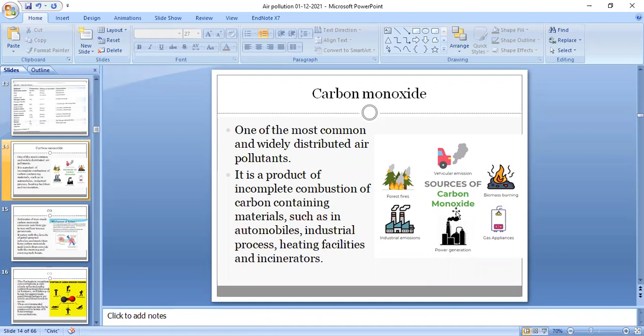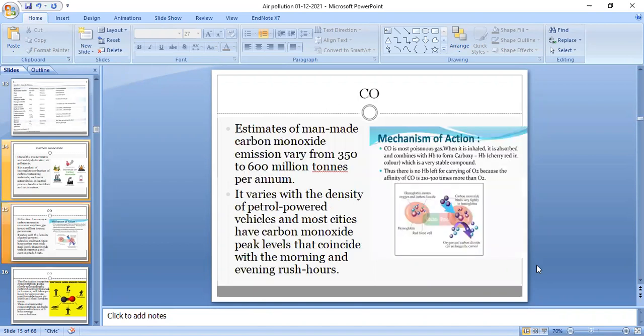The sources of carbon monoxide, as already described, are smoke coming out from the vehicles, forest fires, industrial emissions, power generation, gas appliances, and biomass burning. Estimates of man-made carbon monoxide emission vary from 350 to 600 million tons per annum. It varies with density of petrol powered vehicles, and most cities have carbon monoxide peak levels that coincide with morning and evening rush hour.